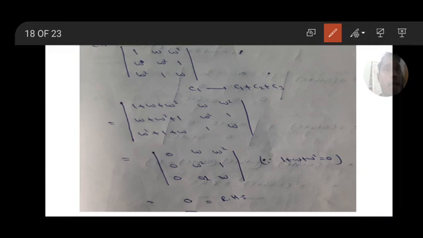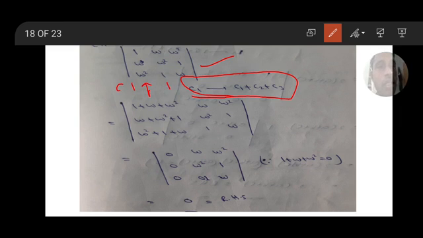Next, LHS: 1, omega square, 1, omega square, 1, omega. I am taking here C1 implies C1 plus C2 plus C3. This is C1, first column, this is C2, this is C3.